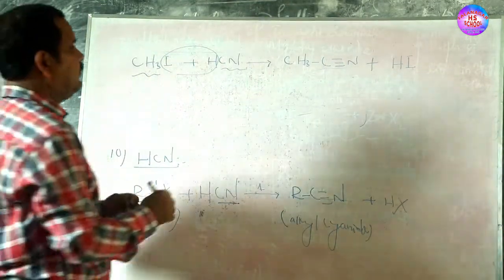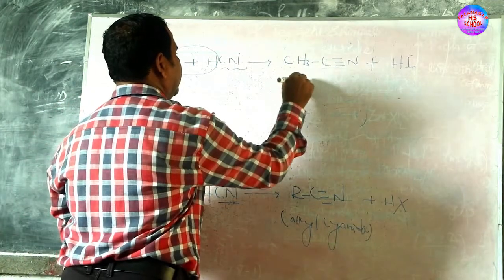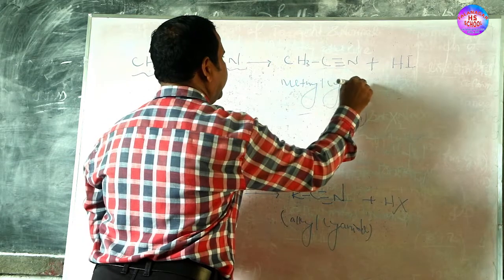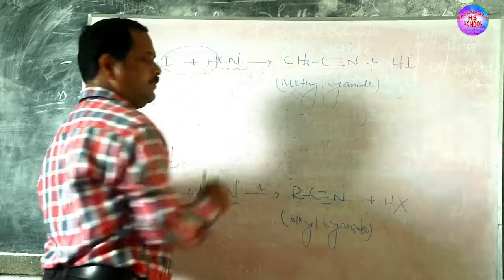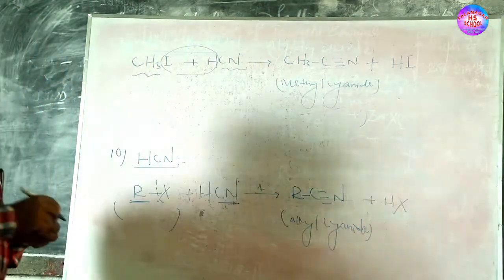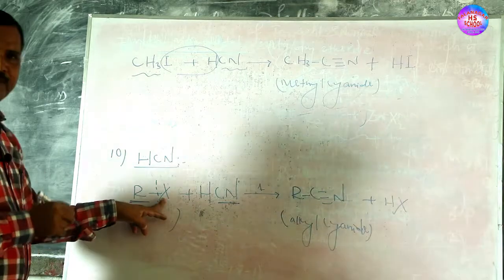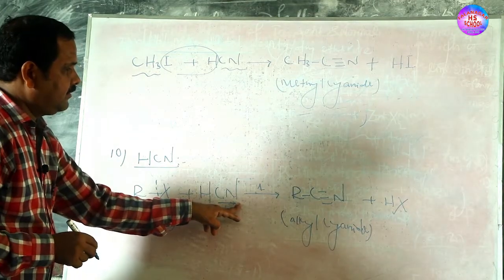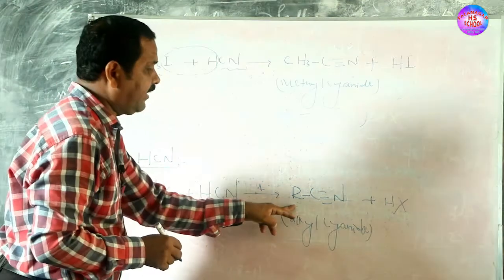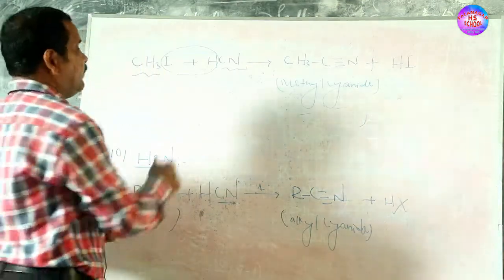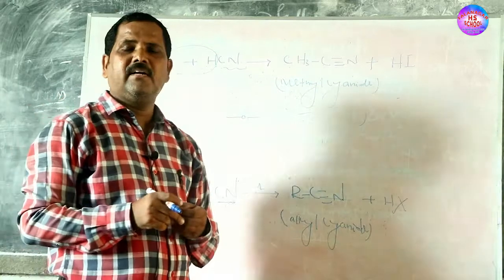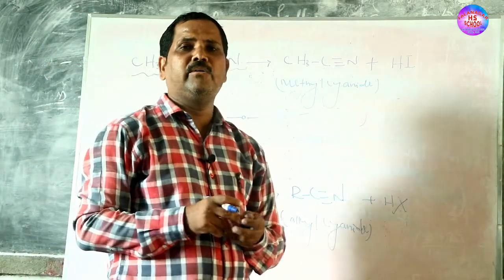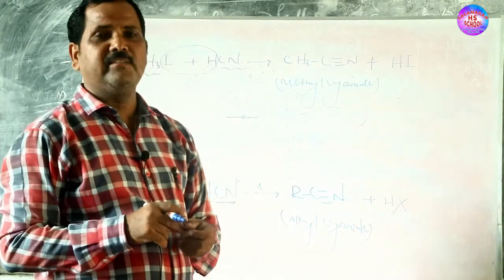This compound is methyl cyanide. So when an alkyl halide reacts with hydrogen cyanide, it produces the corresponding alkyl cyanide. That covers haloalkanes or alkyl halides. In the next class we'll read about haloarenes. Thank you all.